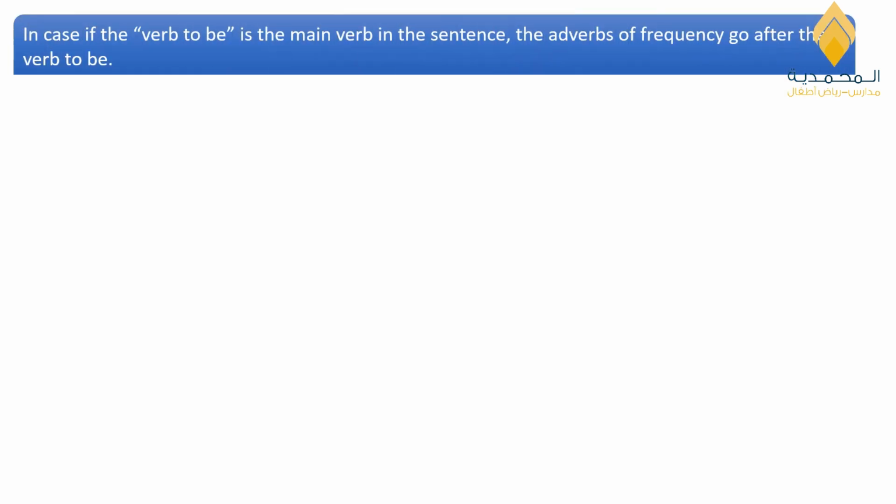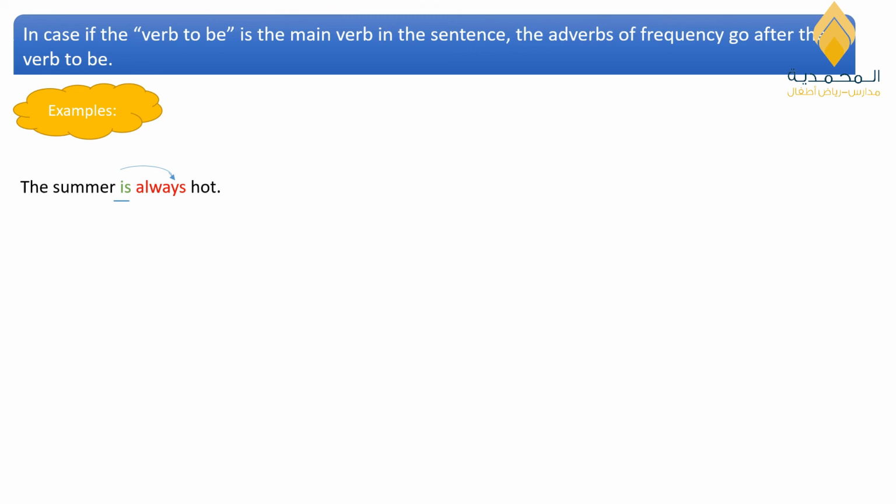In case the verb to be is the main verb in the sentence, the adverbs of frequency go after the verb to be. Let's see some examples. The summer is always hot. You can notice here that the verb to be is in present, and we have the adverb of frequency always. So always goes after the verb to be, is.